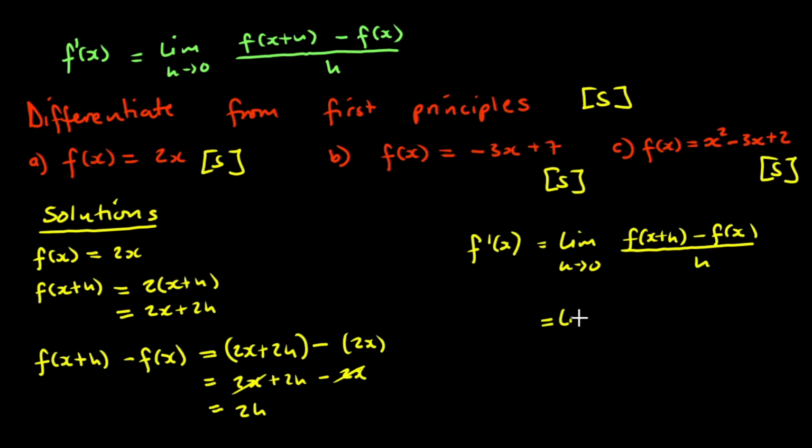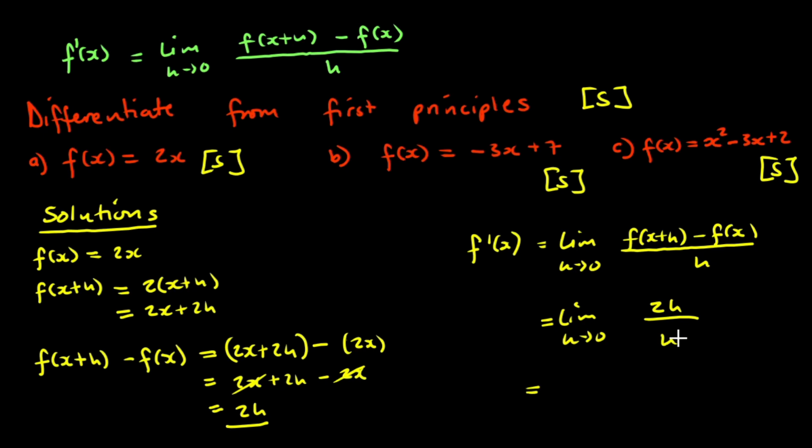Here we go. Limit as h goes to 0. And what is our f of x plus h minus f of x? It is the thing that you calculated here. The answer was 2h all over h. Your h is still h.